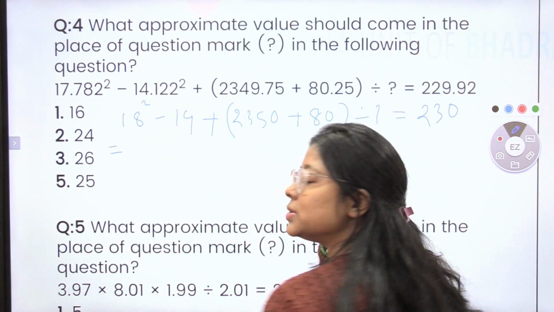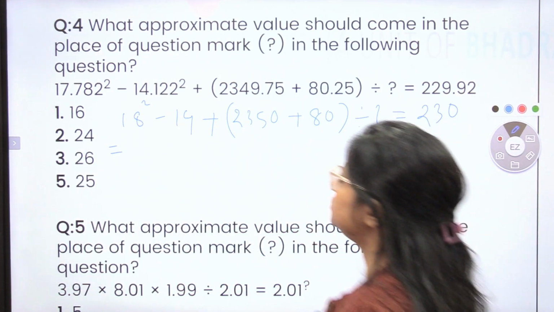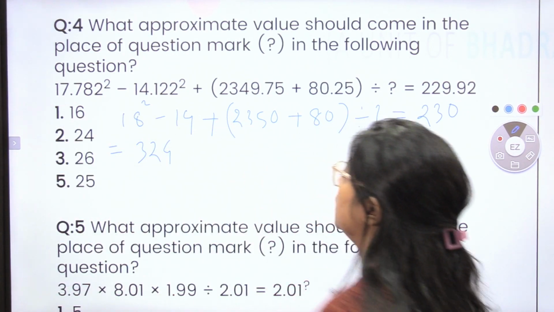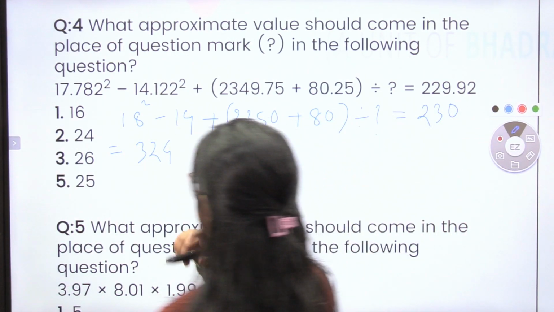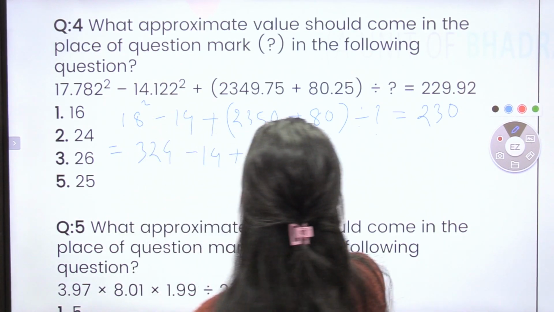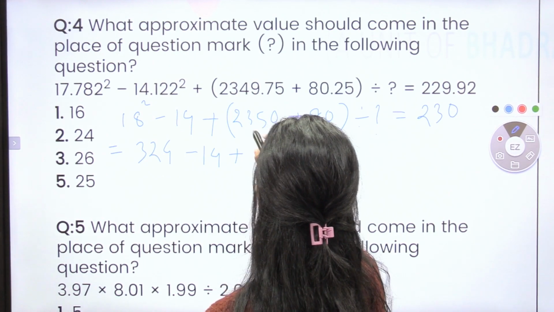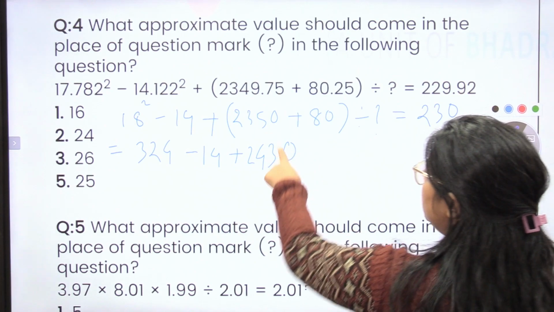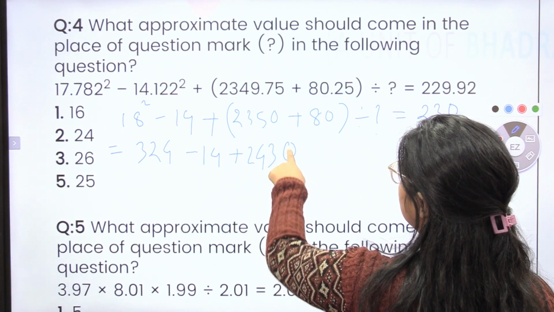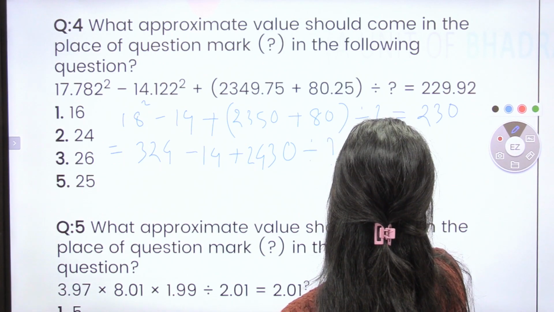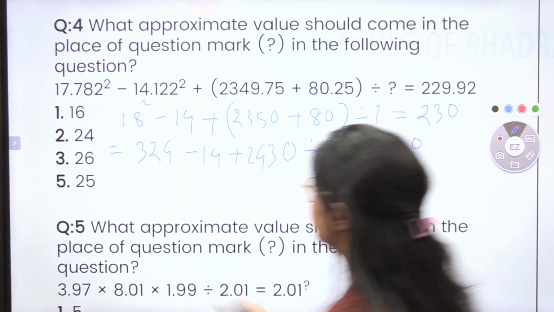What was the value of 18 square? 324. Minus 14 plus, it will be 0. Am I correct? Good. Division question mark 230.